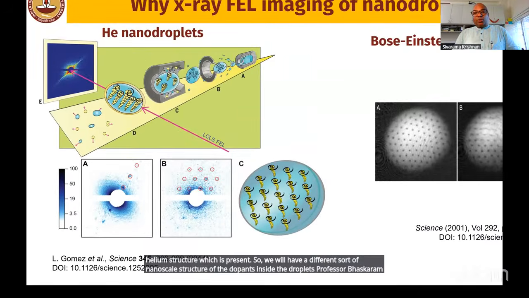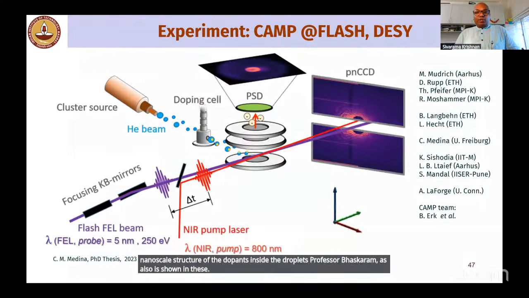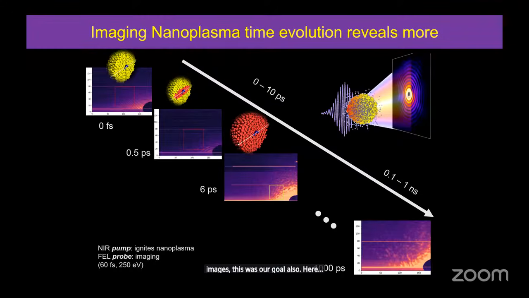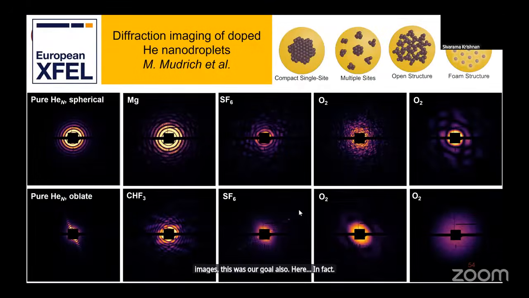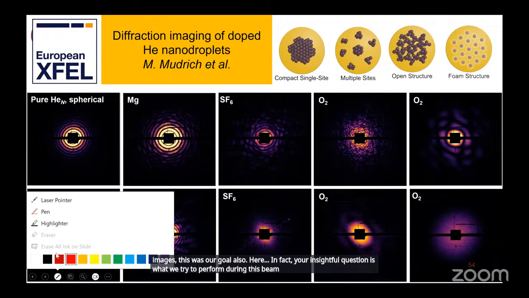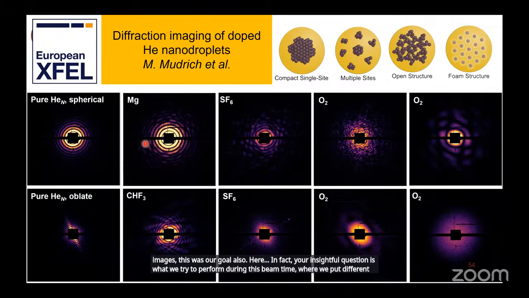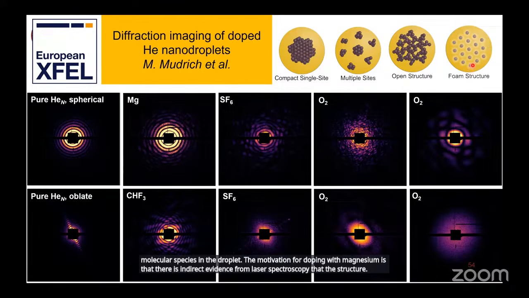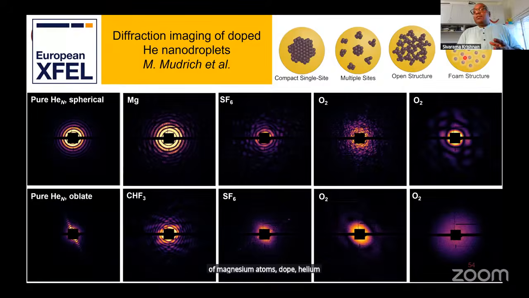As also shown in these images, this was our goal too. In fact, your insightful question is what we tried to perform during this beam time, where we put different atomic and molecular species in the droplet. The motivation for doping with magnesium is that there is indirect evidence from laser spectroscopy that the structure of magnesium atoms doped in helium is like a foam.